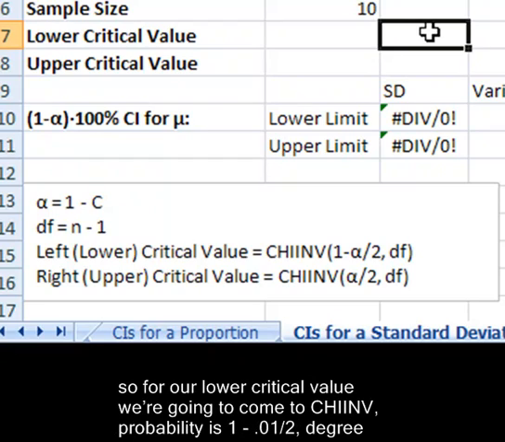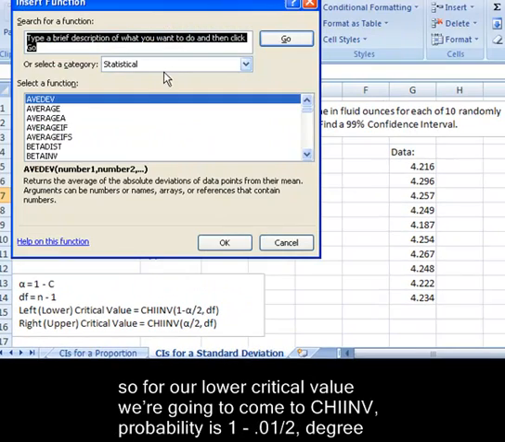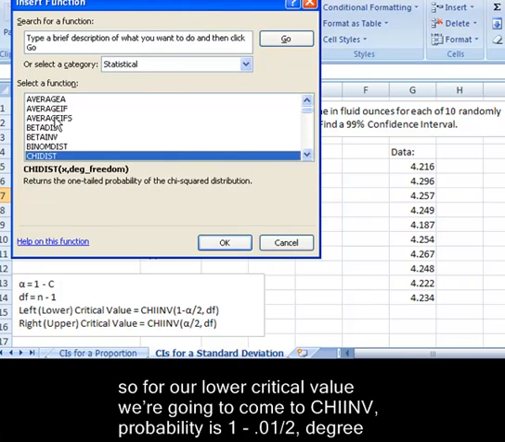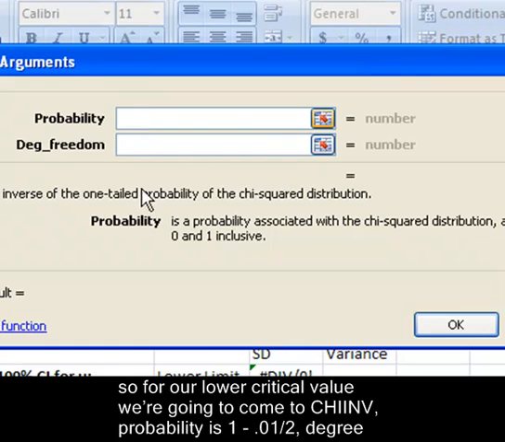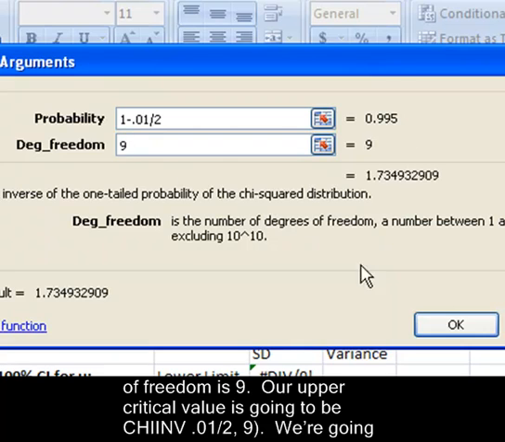So for our lower critical value, we're going to come to chi inverse. Probability is 1 minus 0.01 divided by 2. Degree of freedom is 9.